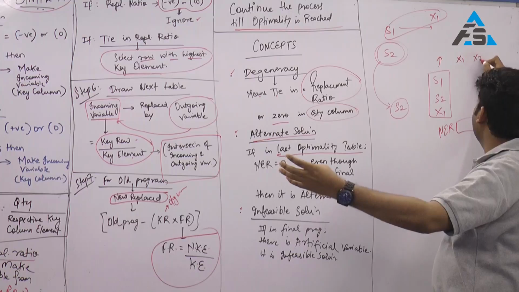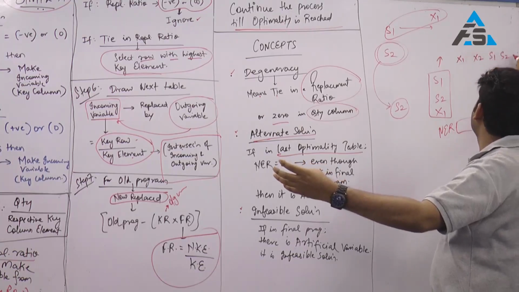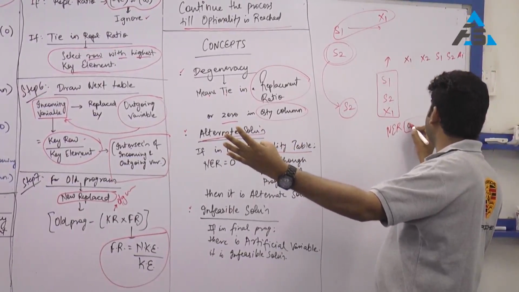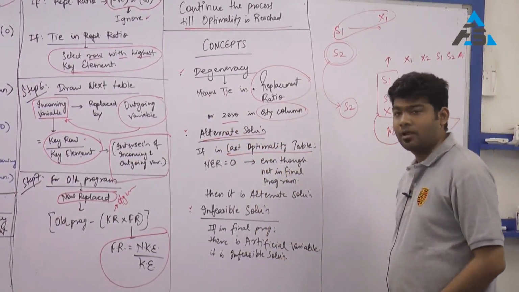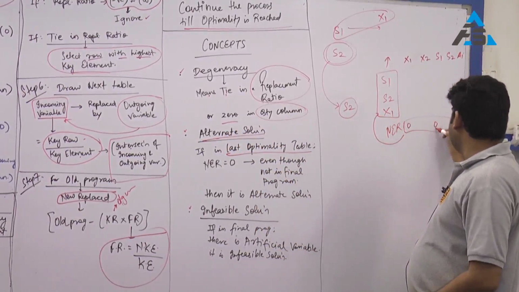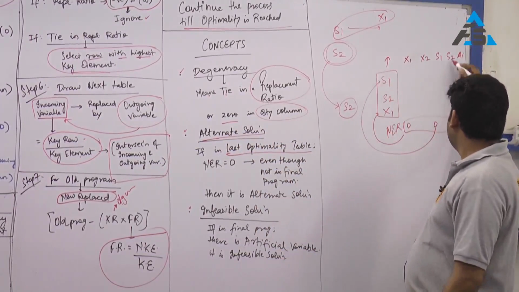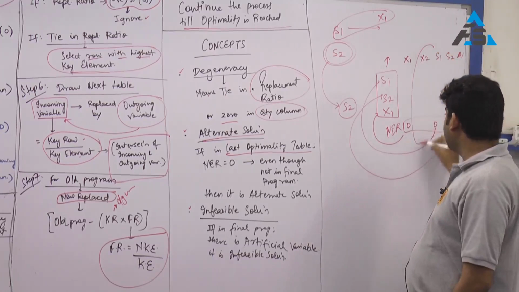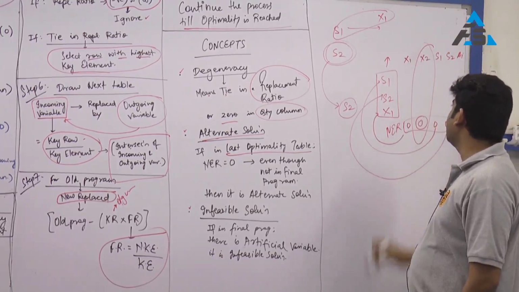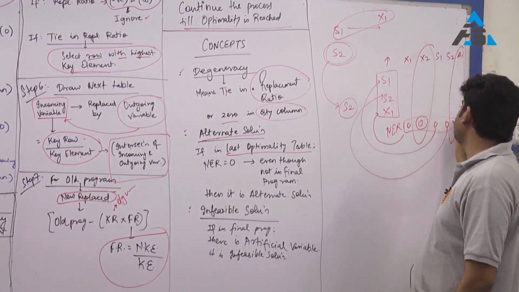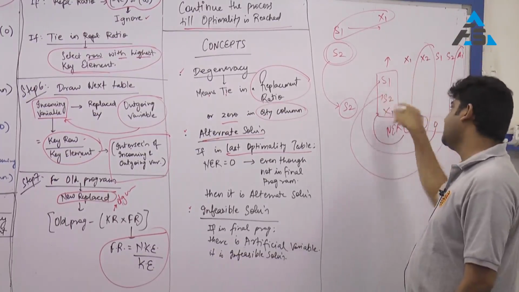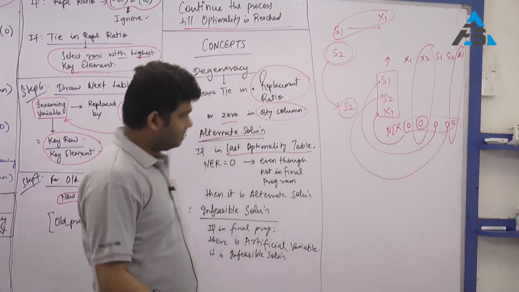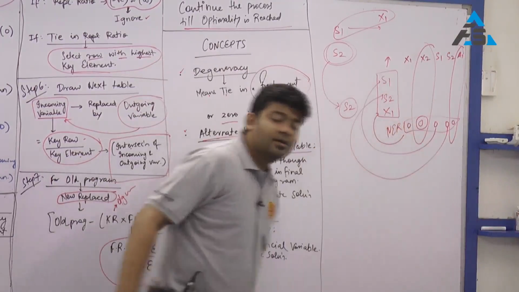Here I'll just give you a hypothetical example. Suppose there is X1, X2, S1, S2 and say A1. This X1 will always have a NER 0 because it is in the final solution. S1 will always have a NER 0 because it is in the final solution. S2 will always have a NER 0 because it is in the final solution. But if there is an X2 which also has a NER 0, or there is an A1 which also has a NER 0, even though they are not in the final solution, then we will say that an alternate solution exists, and that's the reason they have a NER which is 0.